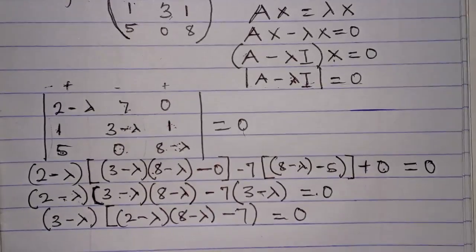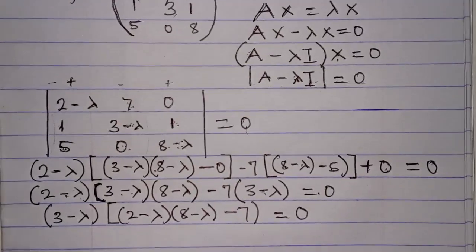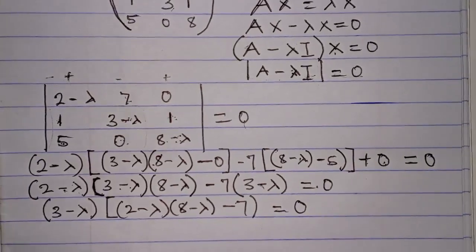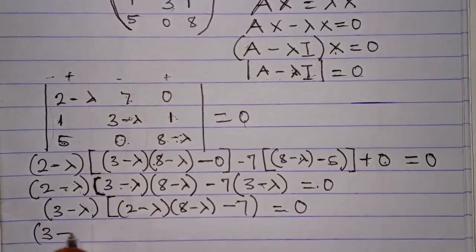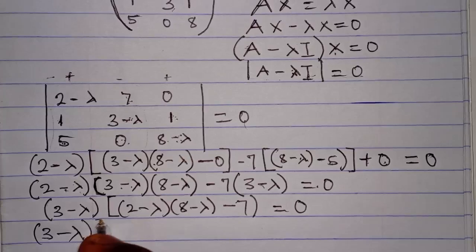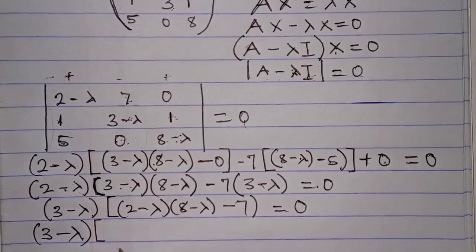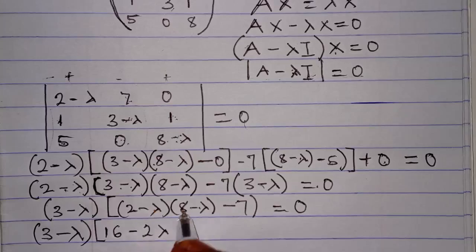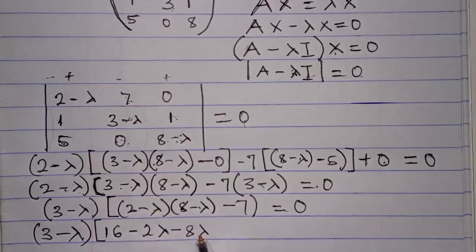What we are doing now, we are trying to determine the eigenvalues. Values of lambda that we are going to obtain are the eigenvalues. Okay, so let's expand this bracket. 2 times 8 is 16. 2 times minus lambda is minus 2 lambda. This times this is minus 8 lambda.